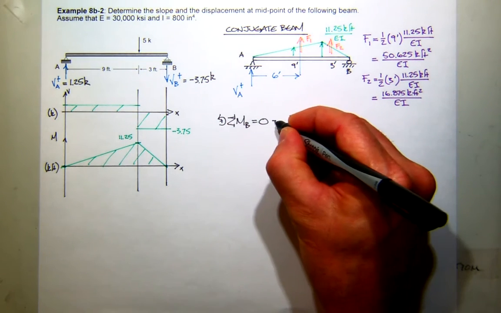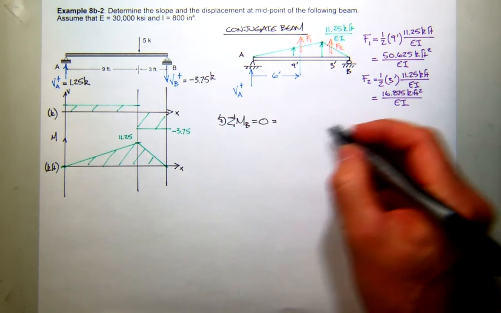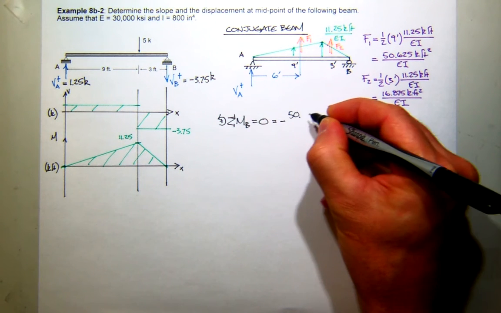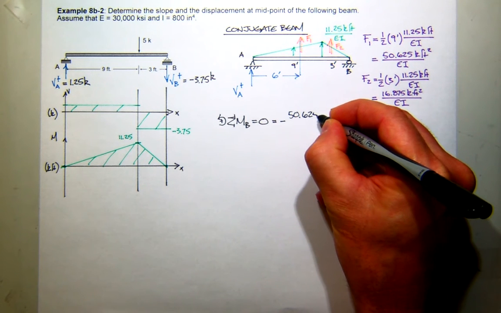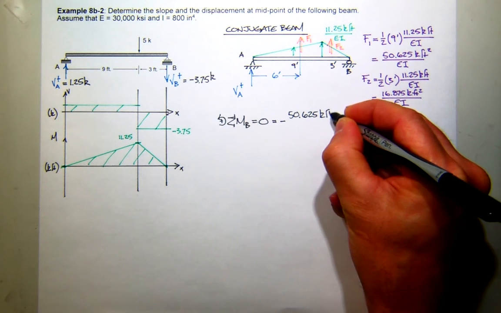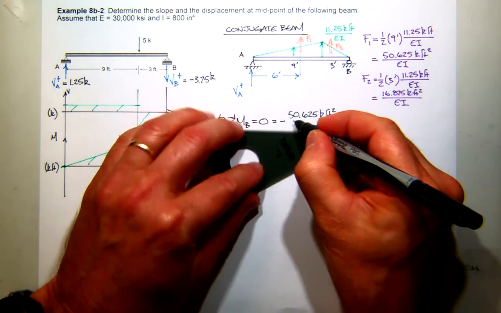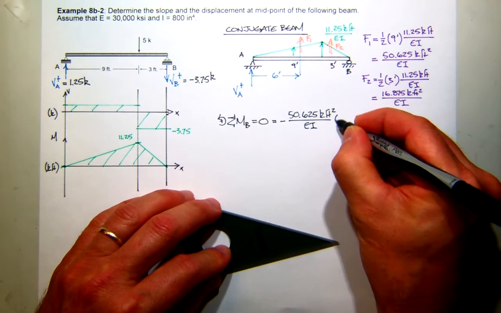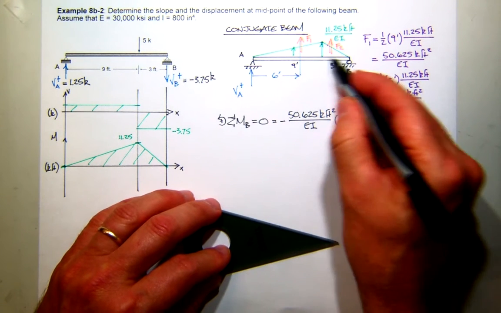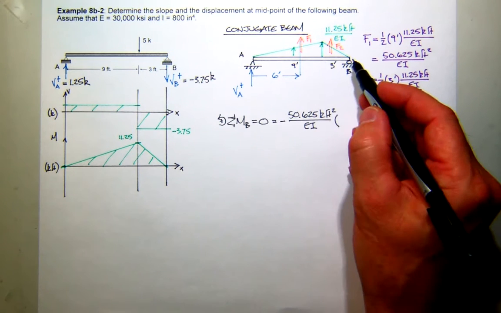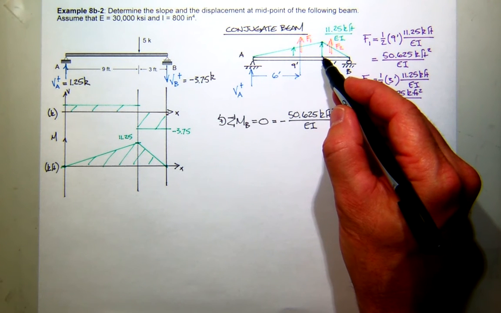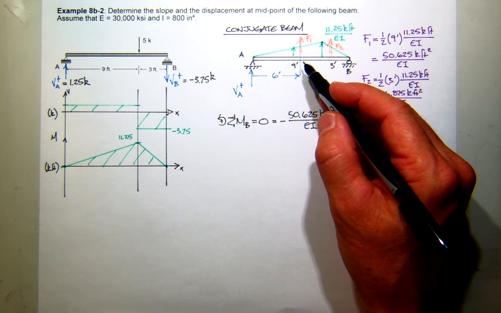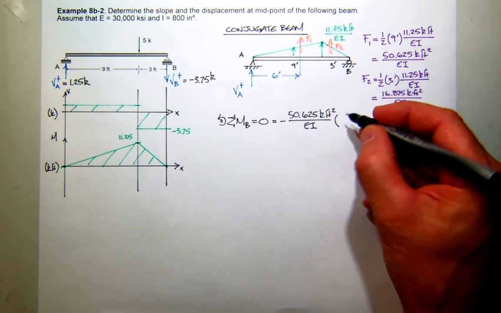Negative. So I'll just start with F1, which is this bigger force, the 50.625 kip feet squared divided by EI. So that's the force. What's the moment arm from B? Well, it's 3 feet, and then how far from here to the centroid of the triangle? 3 more feet, right? So that should be 6 feet total.